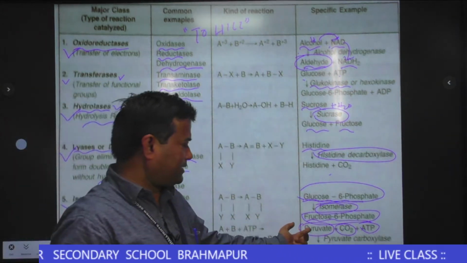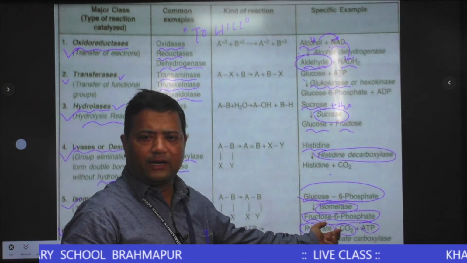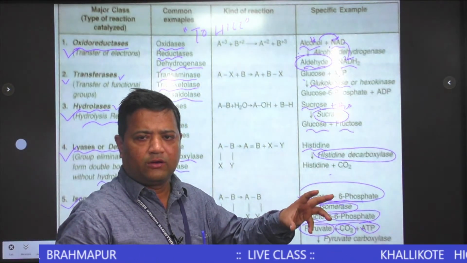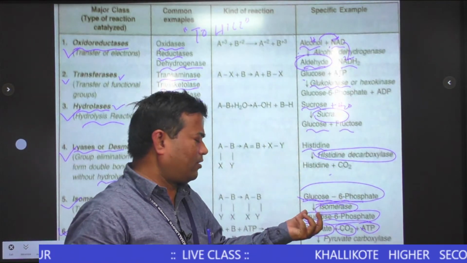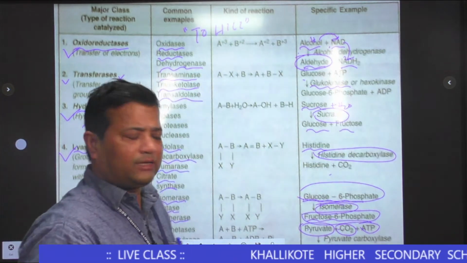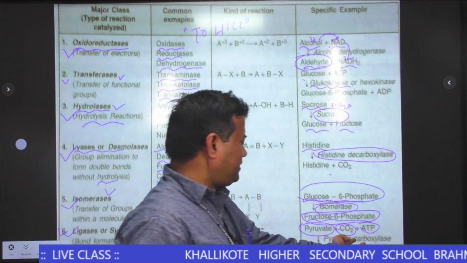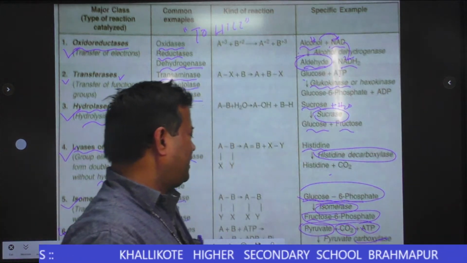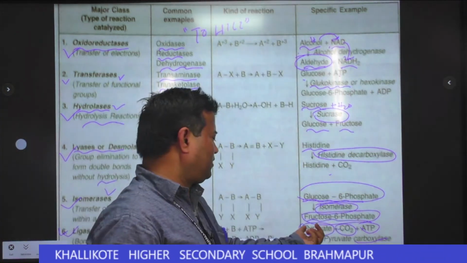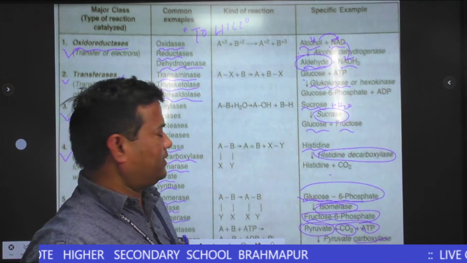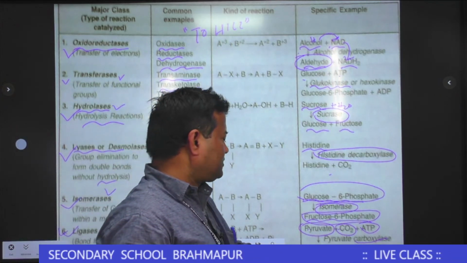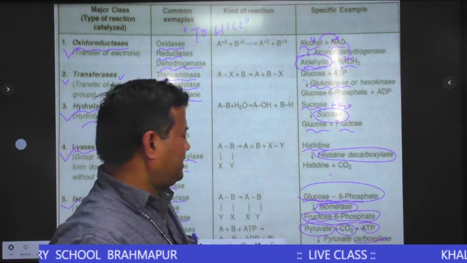Pyruvic acid added with carbon dioxide means a carboxylation reaction. When carbon dioxide is added to a compound, that is called a carboxylation reaction, so the enzyme is a carboxylase enzyme. ATP is also involved, and the product is oxaloacetic acid or oxaloacetate.